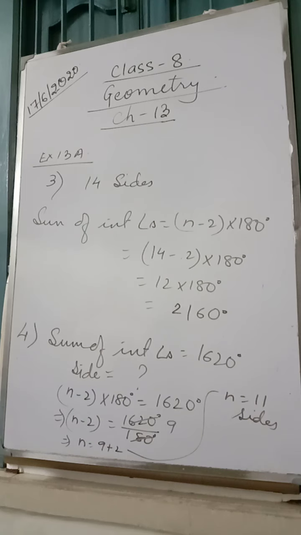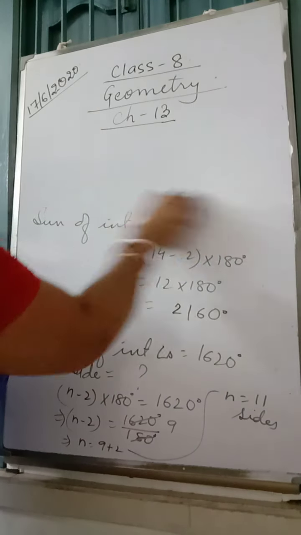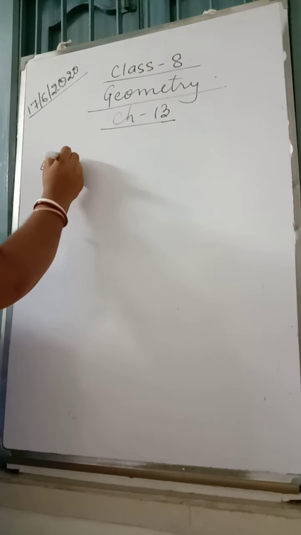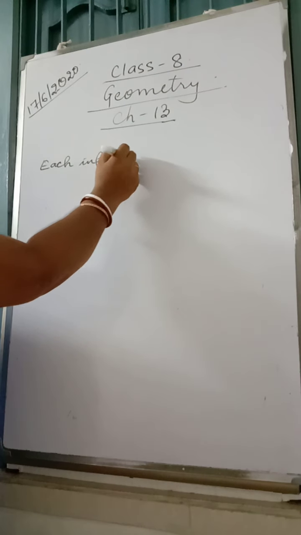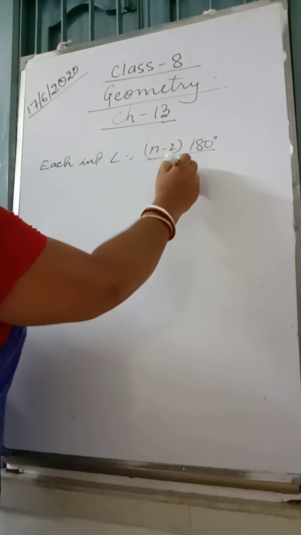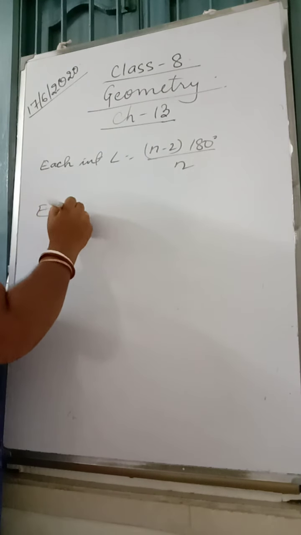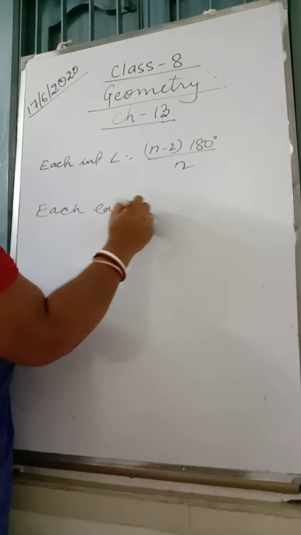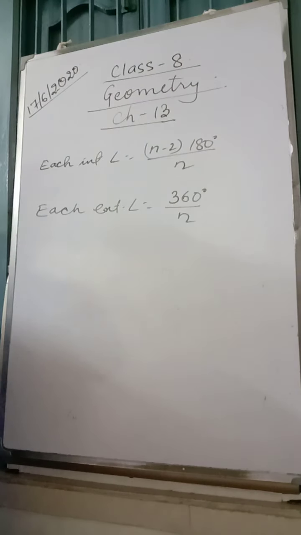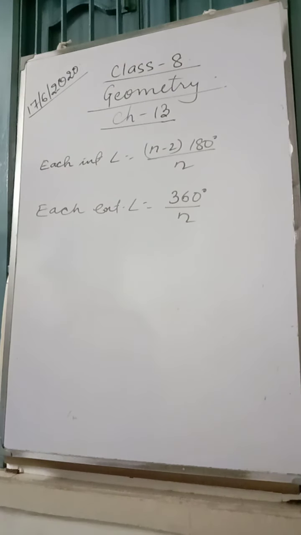Each interior angle is (n minus 2) into 180 degrees divided by n, and each exterior angle is 360 degrees divided by n. These are the formulae for each.